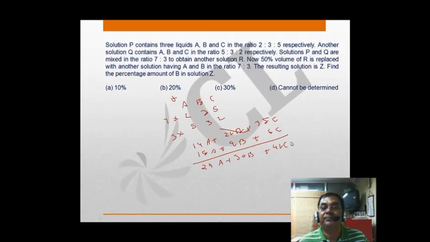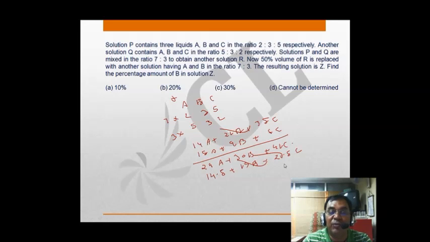Yeah. Now 50% of the volume of R is taken, having A and B in the ratio. That means 50% is removed, so it becomes 14.5A plus 15B plus 20.5C. Now A and B in the ratio 7:3.